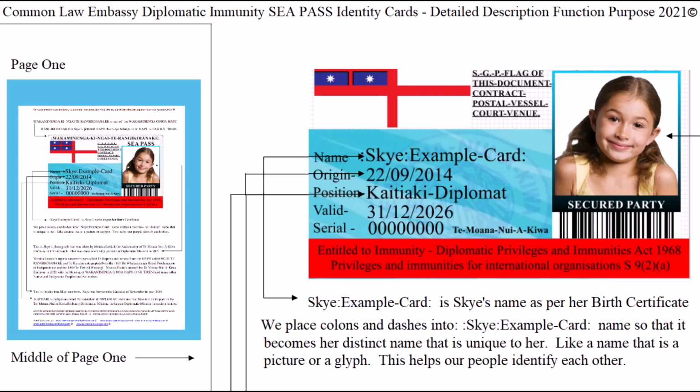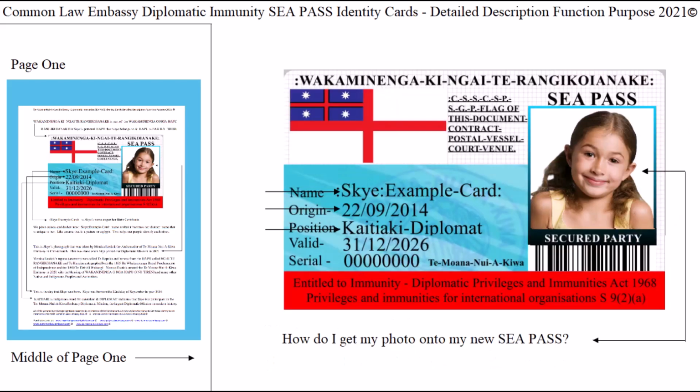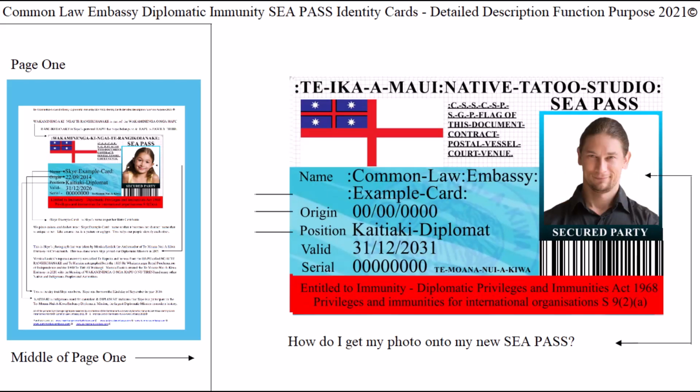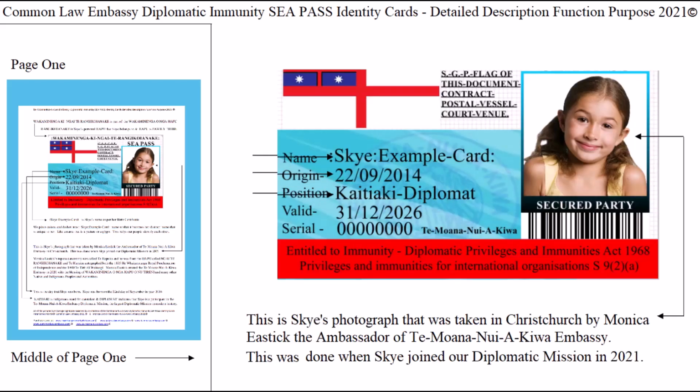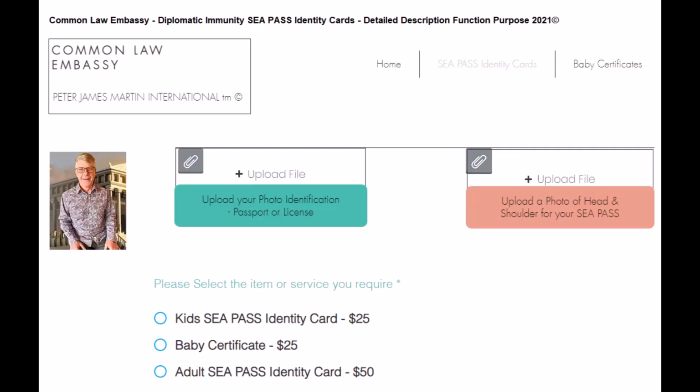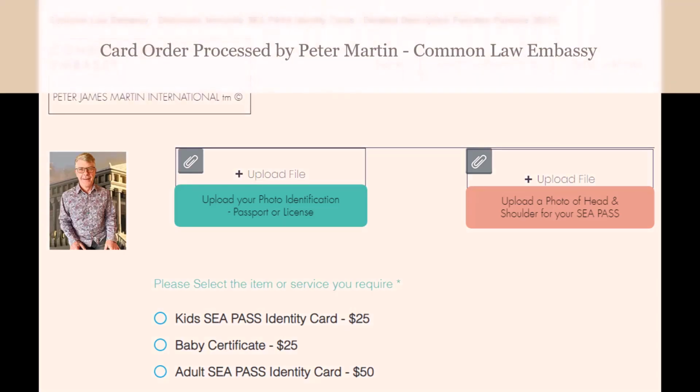The photograph is taken by Peter Martin of the Common Law Embassy, or Monica Eastick of Te-Moana-Nui-A-Kiwa Embassy, and we both produce cards and do the same procedures. This was taken in our offices, respectively Christchurch and the Waikato, and this is done when the card bearer comes to us for a card.